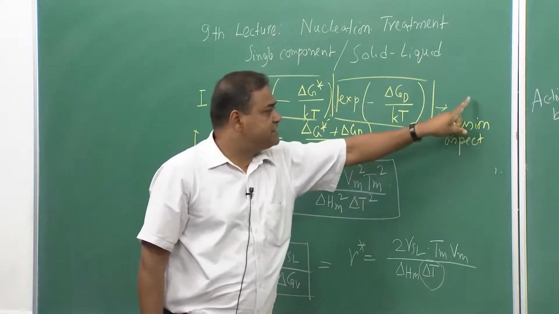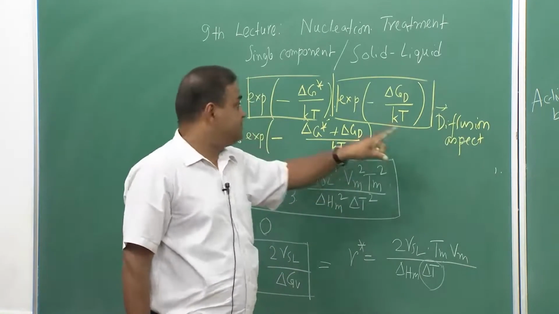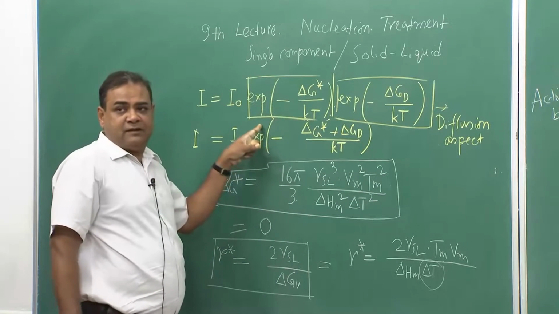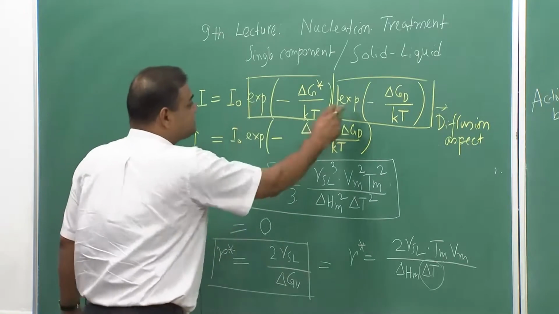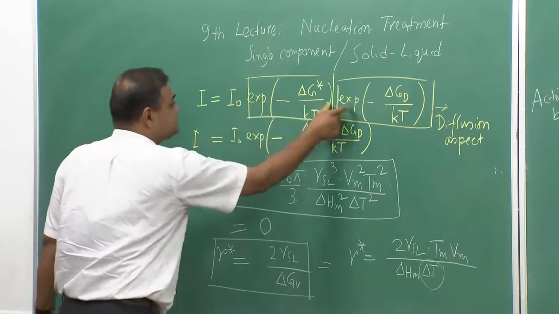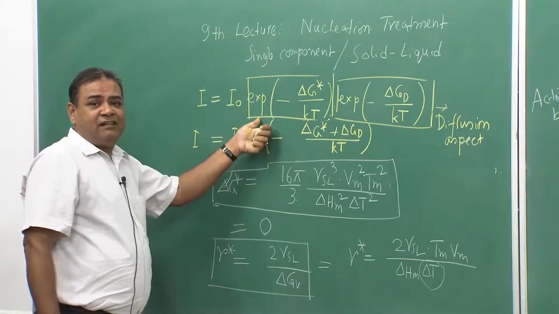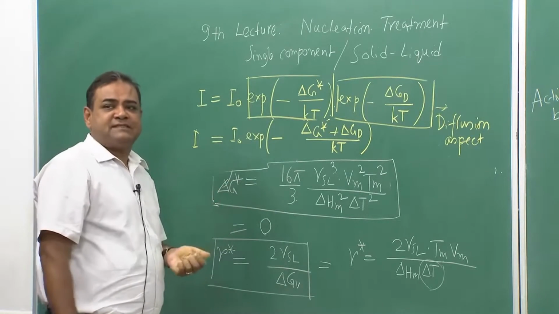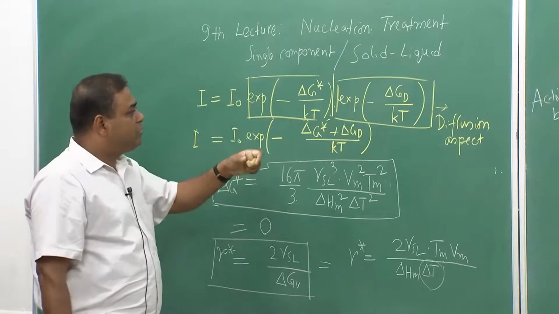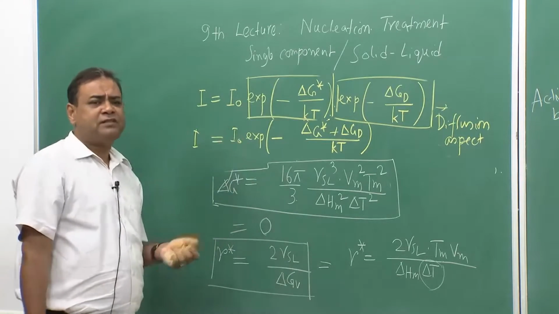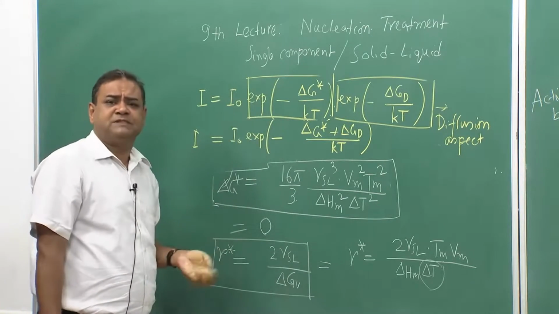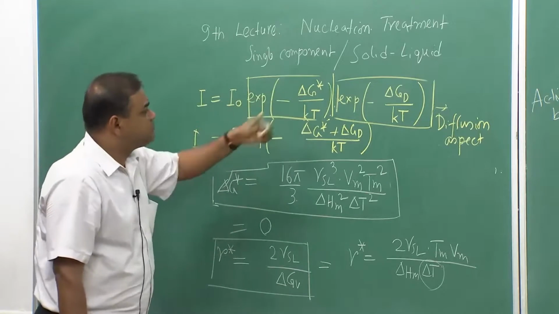So, this is the diffusional aspect and this is the activation aspect. Okay. But since there is an exponential term, you will see later on that it follows Boltzmann statistics, as Professor Sangal will explain. That is why you get the exponential term.